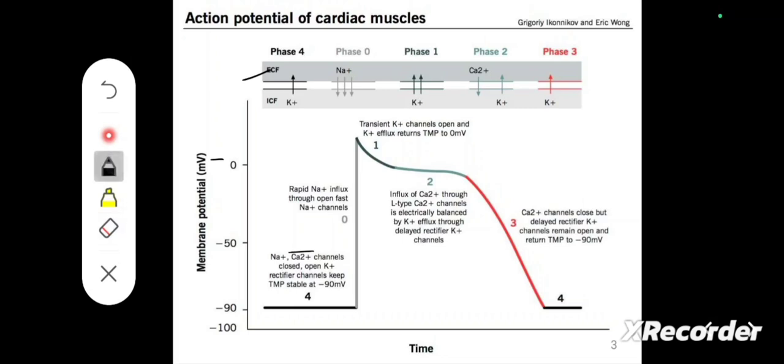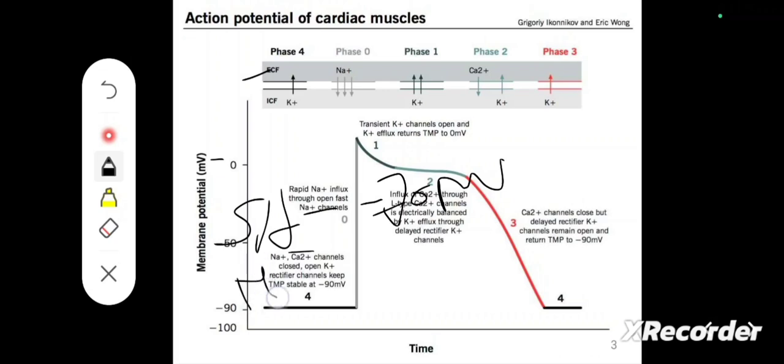So the transmembrane potential for the SA node is minus 70 millivolts, and for non-pacemaker or conducting cells like the AV node and Purkinje fibers it is near about minus 90 millivolts. This is the difference between pacemaker and non-pacemaker cells.